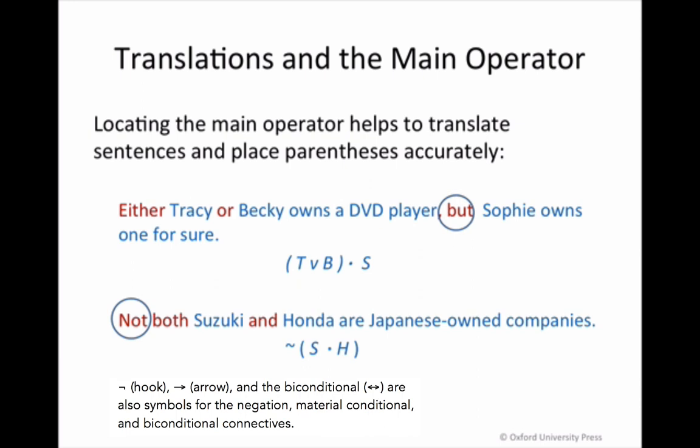The connectives are in red, and remember either-or serves not as two connectives but as a single connective. So when you see either-or, think wedge. And then the word but, the connective conjunction, is circled. That's the main connective. How do you know?